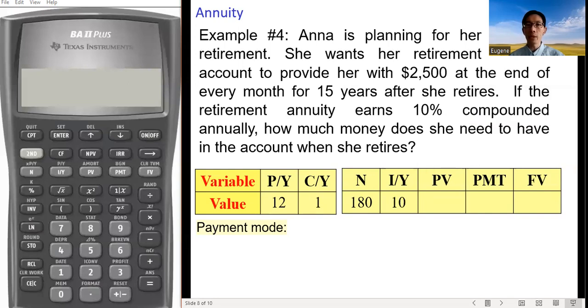And then for PV, in the question, we need to compute it. The question asks about the amount of money she needs to have in the account when she retires. And then with this amount, she can get $2,500 at the end of every month for 15 years. So this is the quantity asked in the question, the PV.